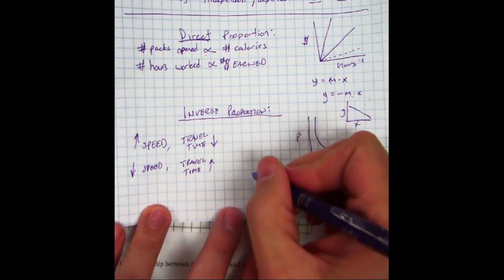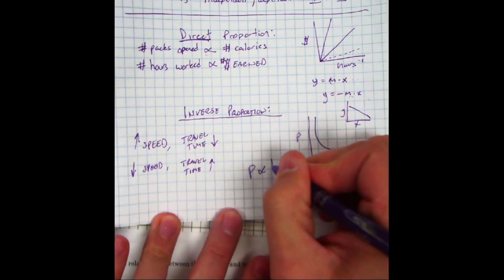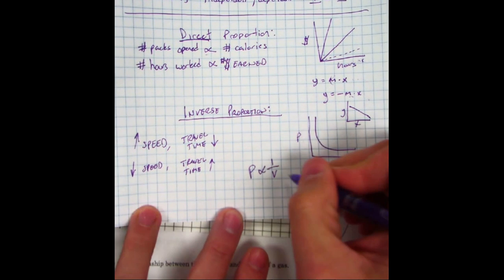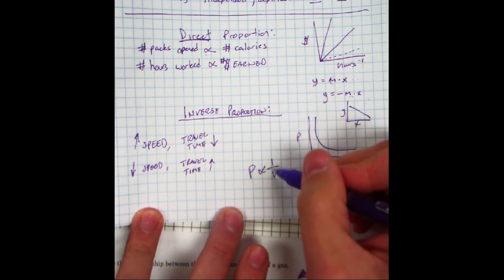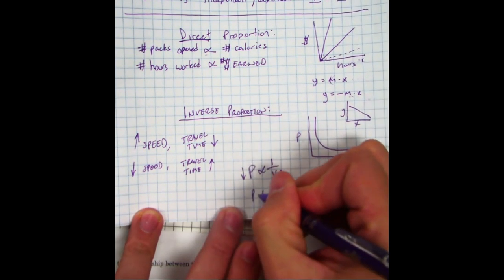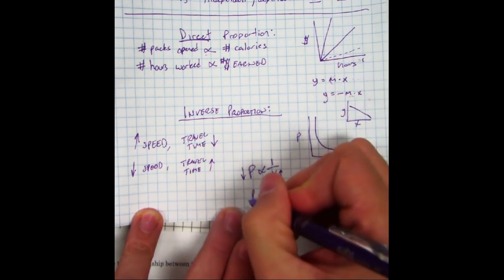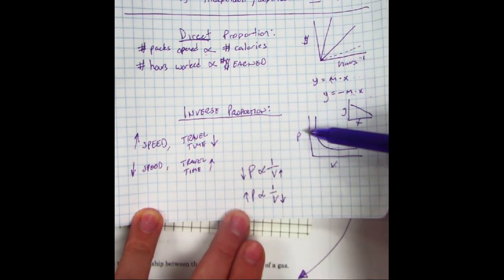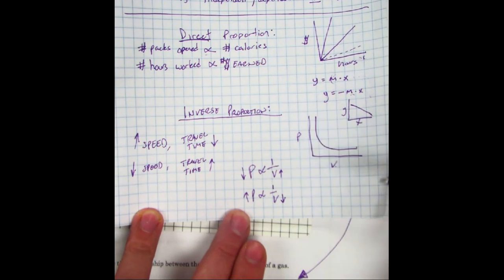And we can represent that relationship as pressure is inversely proportional to volume. And as we increase the volume, we're decreasing pressure, and as we decrease volume, we increase pressure. If on the test you can recognize this graph and this relationship match, then you'll be good.